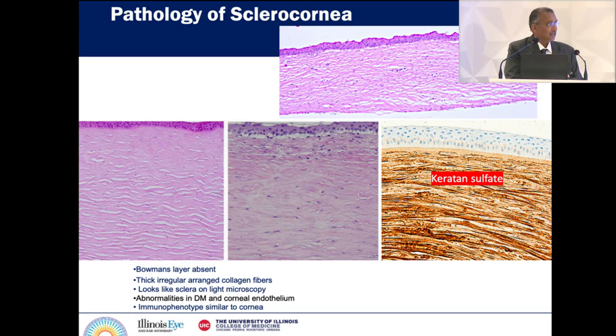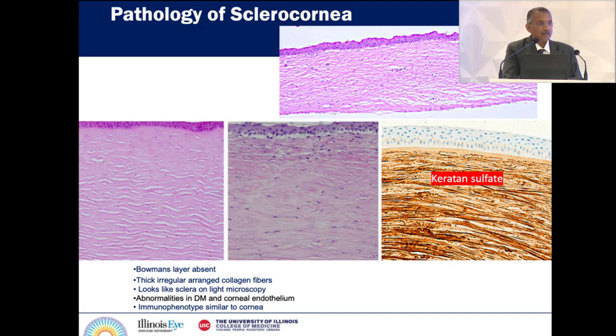But then if you look at the immunophenotype of the cornea, the main glycosaminoglycan produced by the normal cornea is keratan sulfate type 1, right? And this expresses normally. So it is really cornea, but the assembly of the fibers of the cornea are like sclera.